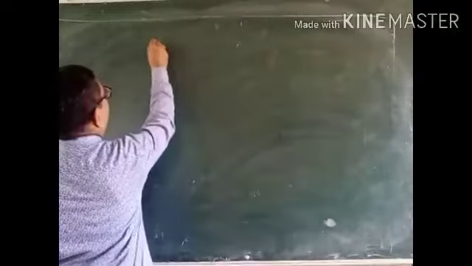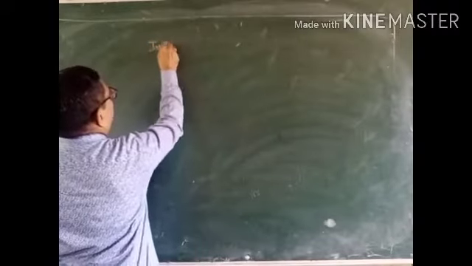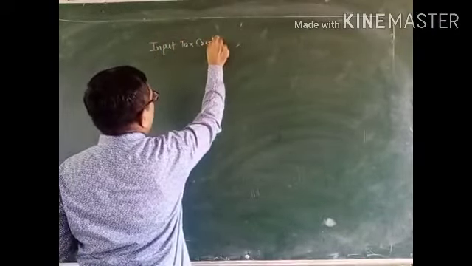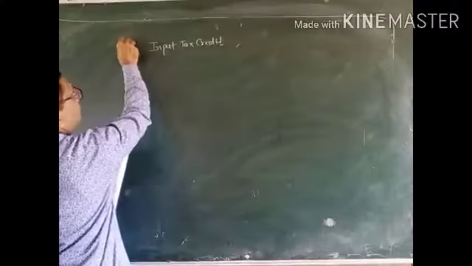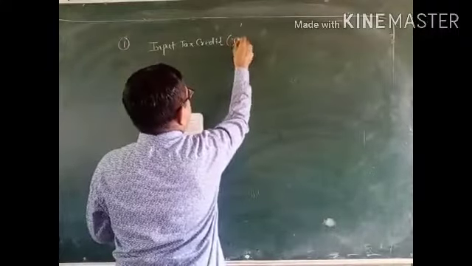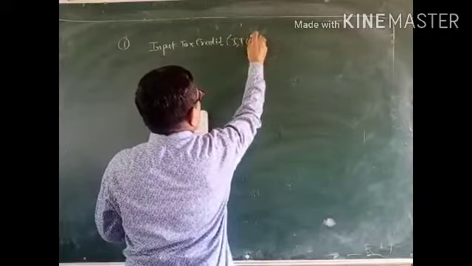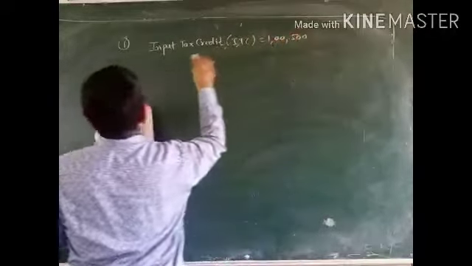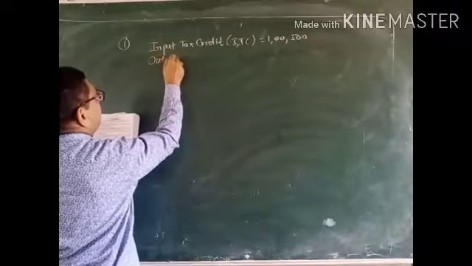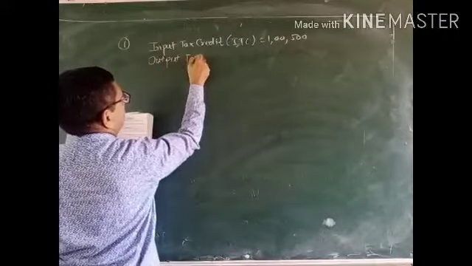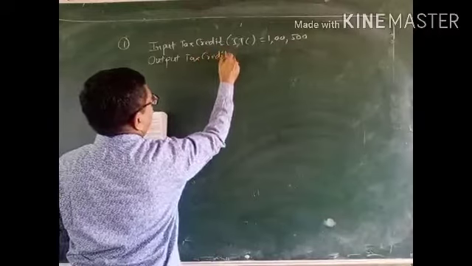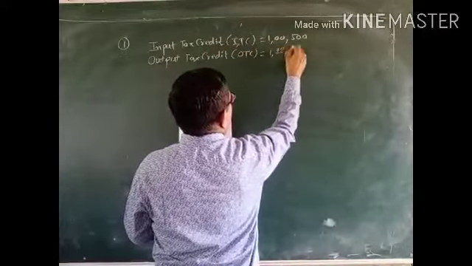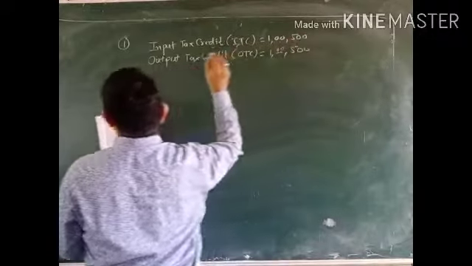See, input tax credit, that is ITC, is equal to 1,500 rupees, and output tax credit, that is OTC, is equal to 1,22,500 rupees.